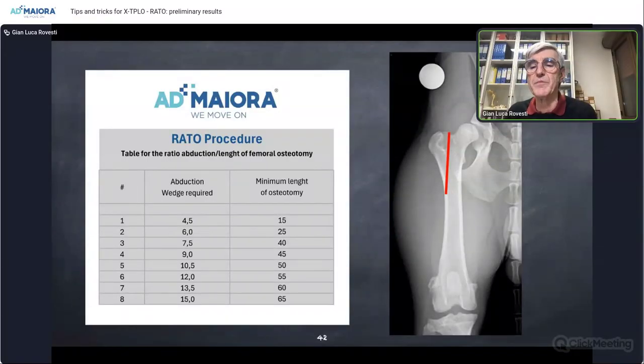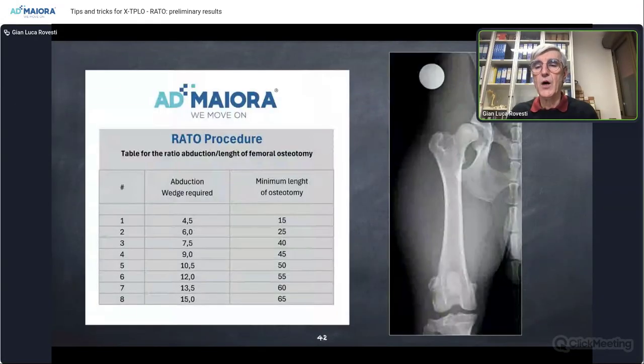So this is the 45 millimeters, and we should take 1/3 lateral and 2/3 medial on the trochanter area, okay? This is because I want to have this medial part very strong. I don't want to take the risk of a femoral fracture. This is the objective. And we should be able to insert the wedge inside this osteotomy.